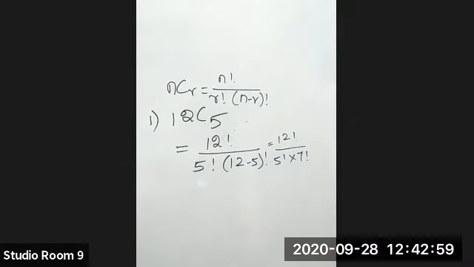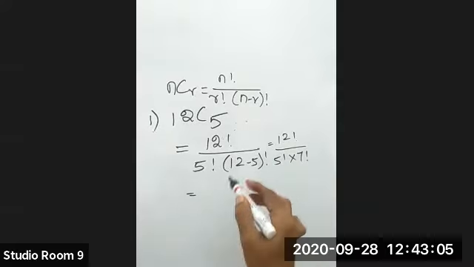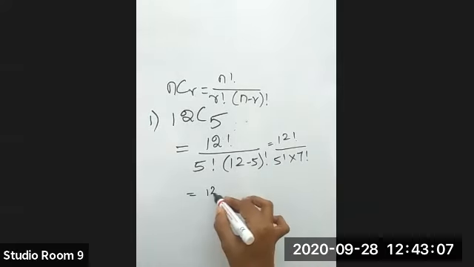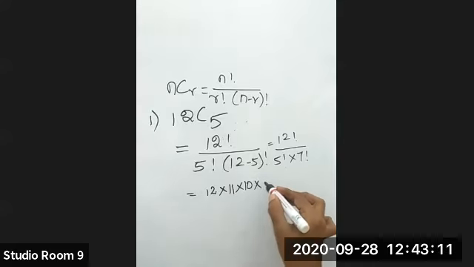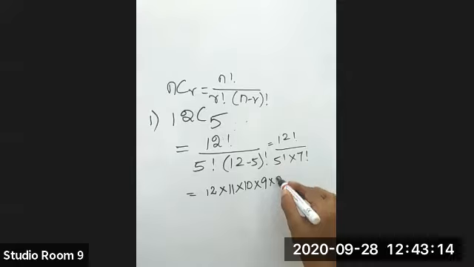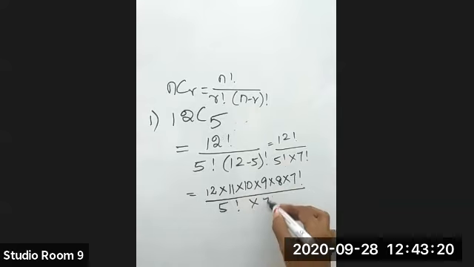Now what's the next step? Express the bigger in terms of the smaller. So this 12 factorial we can write as 12 into 11 into 10 into 9 into 8 into 7 factorial by 5 factorial into 7 factorial.